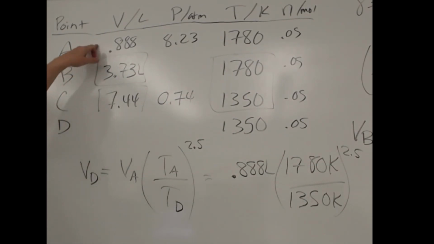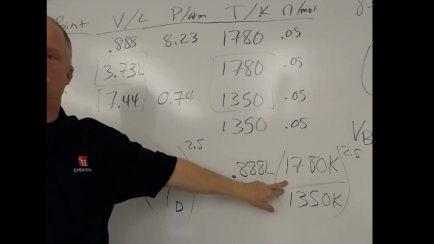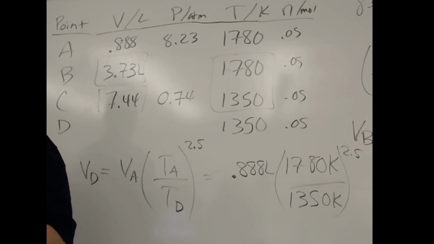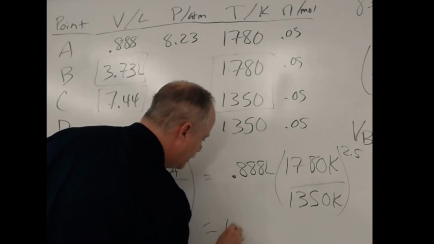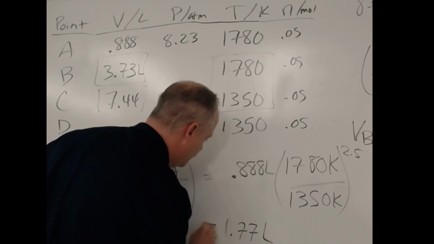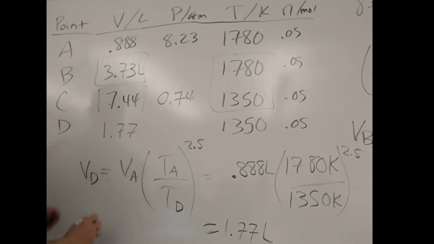And this is going to be good. A is the smallest volume we have, and we're multiplying by a fraction that's greater than 1, and so that volume should increase. 1.77. 1.77, yes, liters. And that's good too. 1.77 is still between A and C.